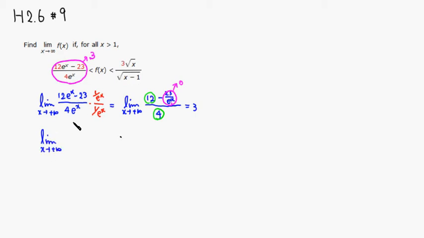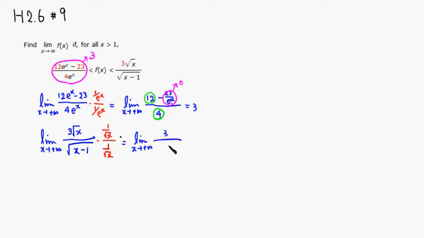We're hoping the other guy, the largest guy, also goes to 3. So the limit as x approaches positive infinity of 3 square root of x over square root of x minus 1. The trick is we multiply or divide by square root of x. This way, you will have the limit as x approaches positive infinity, 3 on top.